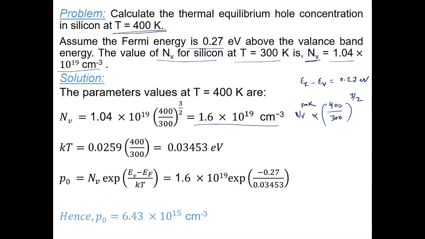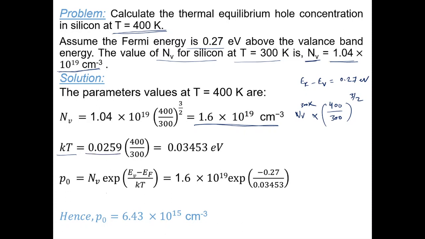Another thing to analyze here is that NV at room temperature is 1.04 into 10 to the power 19, and as you increase temperature you get more states, or a higher density of states being available in the valence band. This is also because you now have a higher probability of occupying, the probability function will smear out, so effectively you have a higher density of states available in the valence band. The kT value is something that you can figure out for 400 Kelvin.